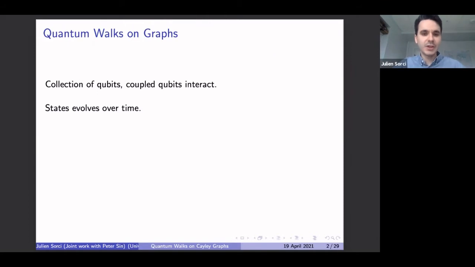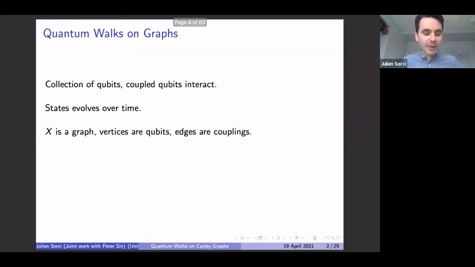Now if I get a bunch of these qubits together, couple some of them and choose not to couple others, then the information I put into this system will evolve over time and move around between them. To model this mathematically, we take a graph and associate it to the system. We define a graph X whose vertices are the qubits, and we connect two qubits by an edge if we couple them.